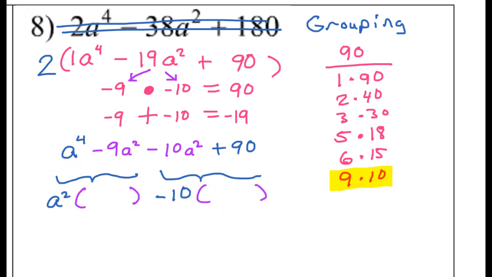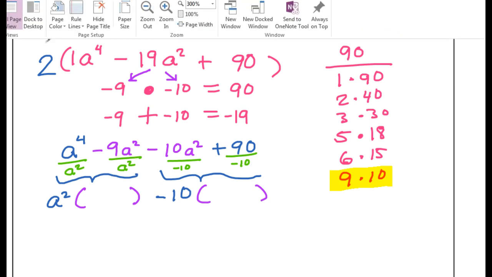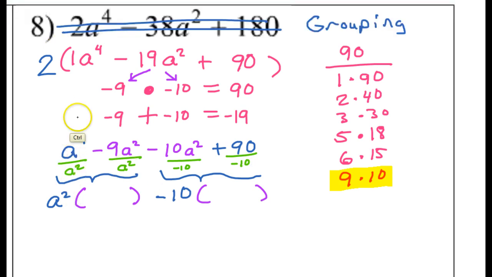Well, you have to divide by your GCF. So I'm dividing by a squared right here, and I'm dividing by negative 10 right here. So what is that going to give us? Well, a to the 4th power divided by a squared is a squared.